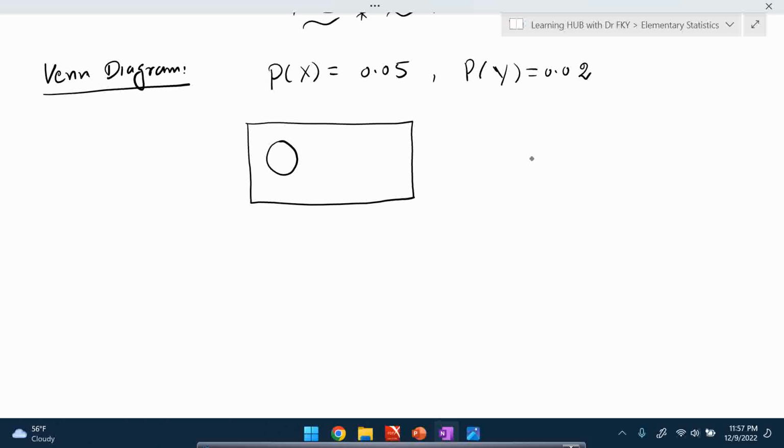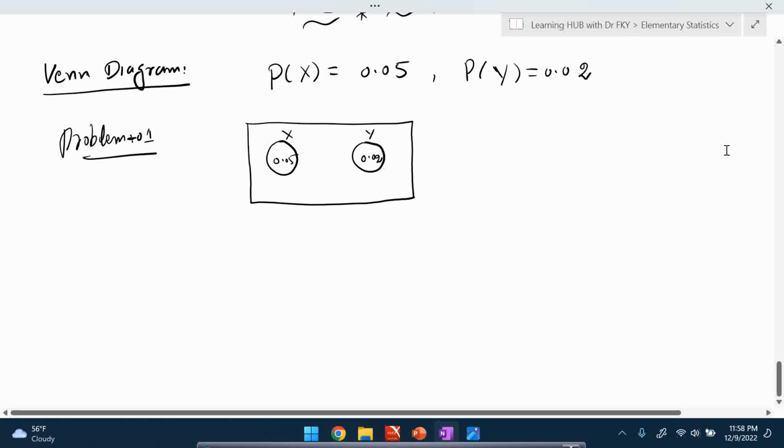Suppose this is one event and this is the other event. This is event x, this is y, and you can mention their probabilities: 0.05 and 0.02. So this is one diagram for problem 1.